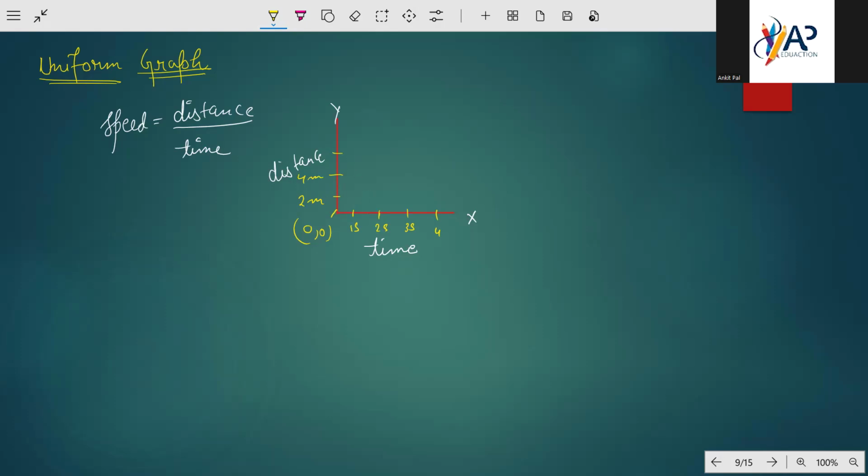After 3 seconds, it covers 6 meters. After 4 seconds, it covers 8 meters. So we can say that the object, see this pattern.